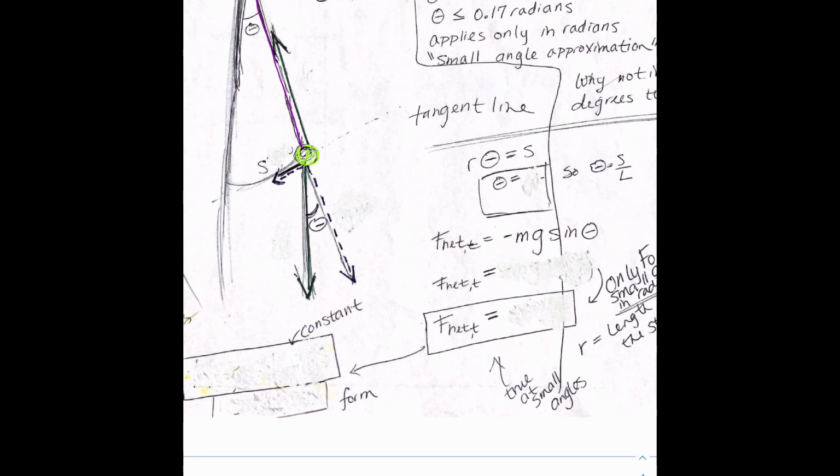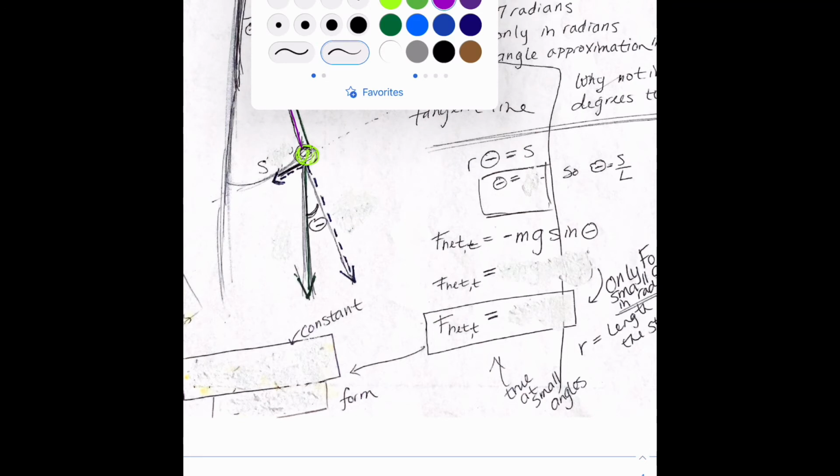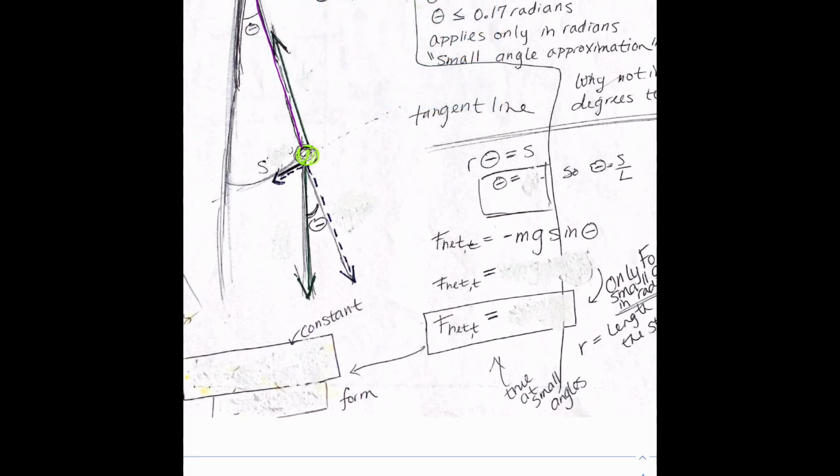We'll draw them acting from the bob or the mass. So what are the two forces? Well, let me go ahead and draw one of them. One points just like this from the string, and we can call that one tension. And the other one points straight down, just like this, and we can call that one force of gravity. All right, and then that's it, right? Those two forces. But we have to get them to agree with a coordinate system.